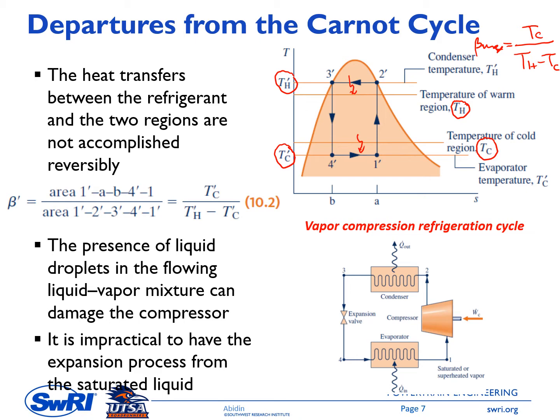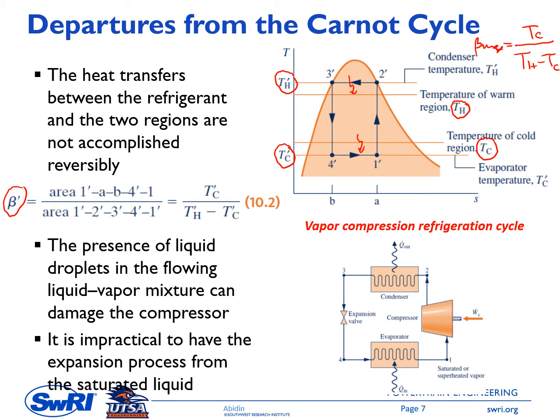With this departure, we have a coefficient of performance formula represented by beta prime. Similar to beta max, it is the area representing Q dot in over M dot to the area representing W net over M dot.